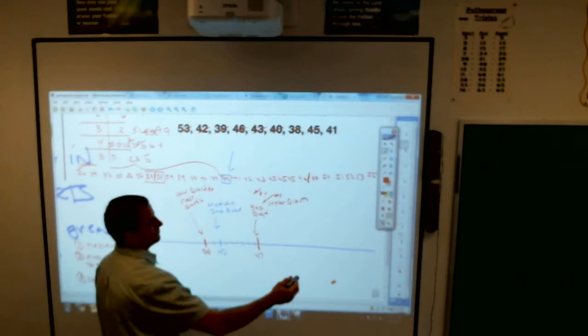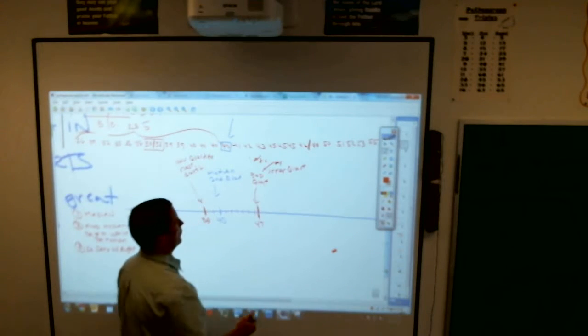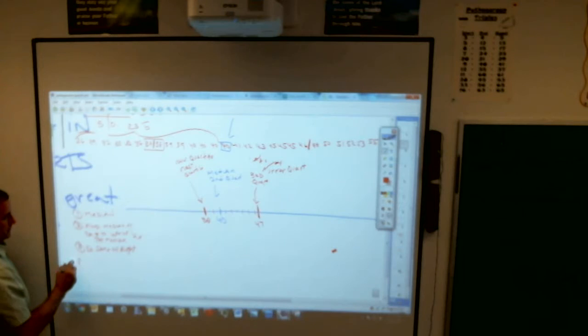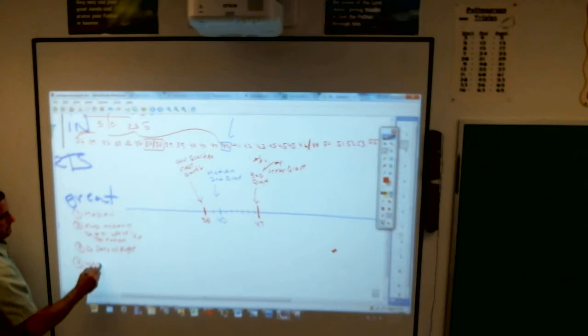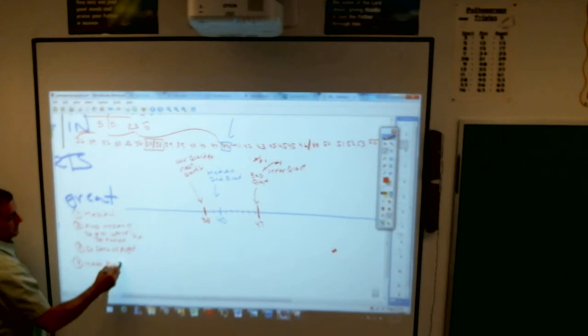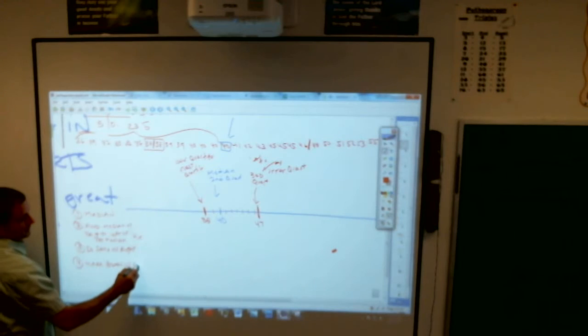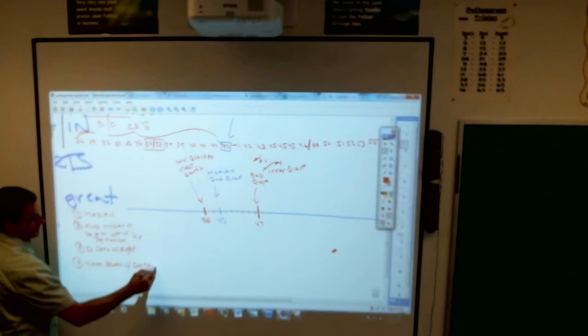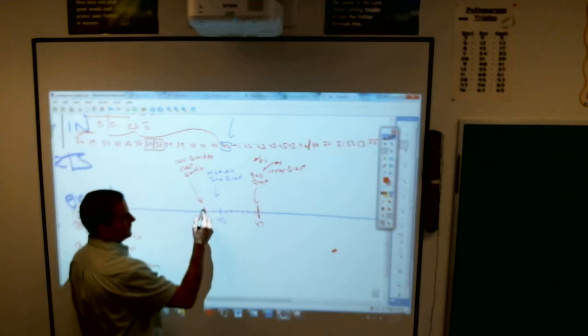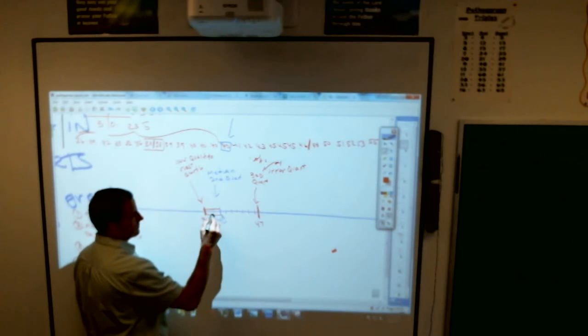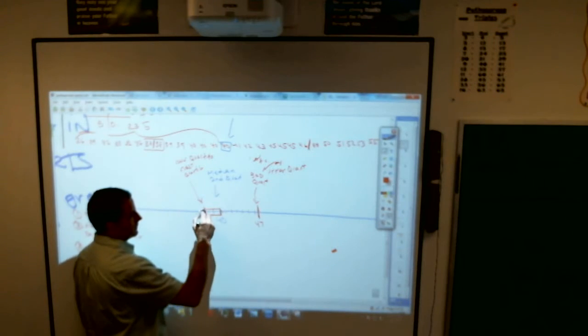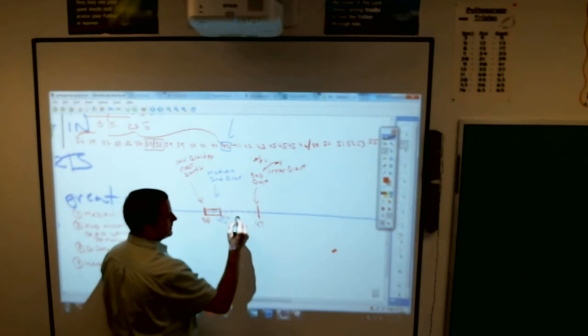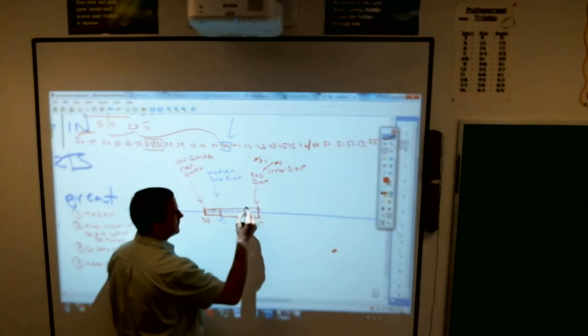Step number 4. With your quartiles, make boxes. So here's your box. Between this and this, you make a box. And between this and this, you make a box.